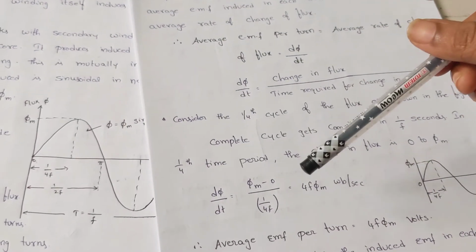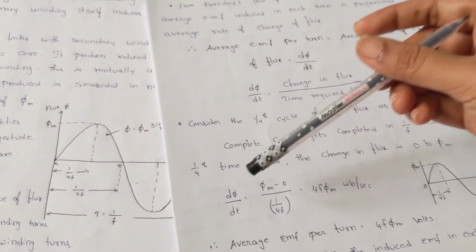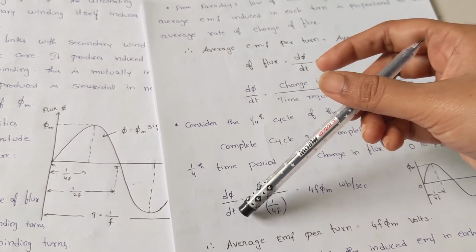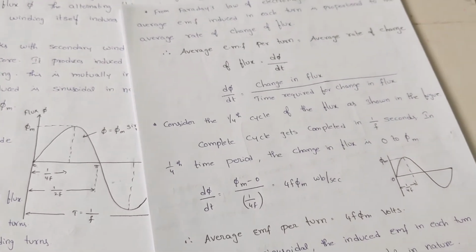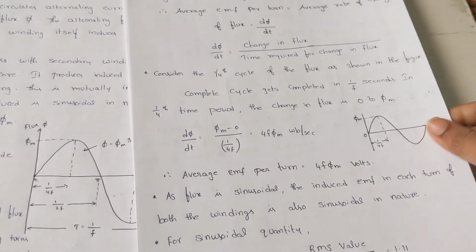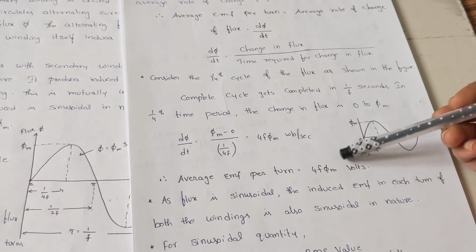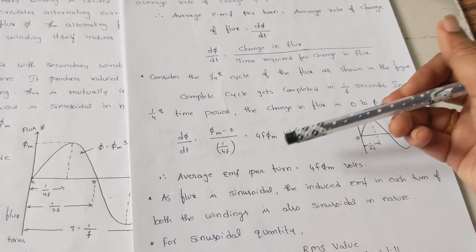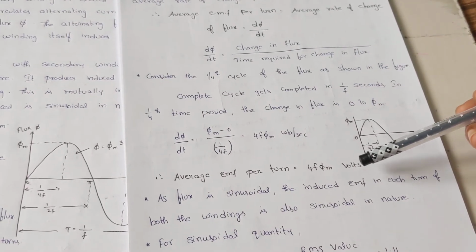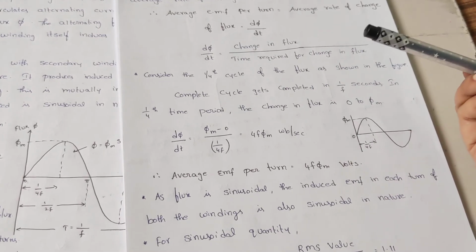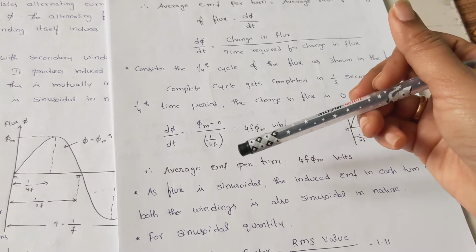So d phi by dt equals 4f phi m Weber per second, because flux is measured in Webers and time in seconds. You may ask why I wrote Weber per second when it becomes volts. EMF is voltage, measured in volts, so Weber per second and volts are the same. So this is the average EMF per turn.